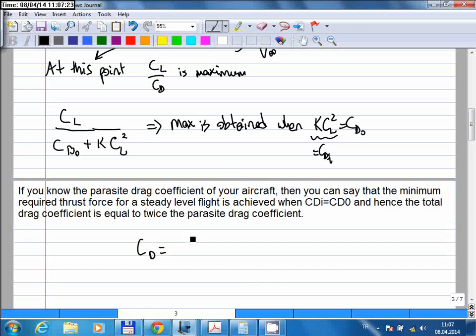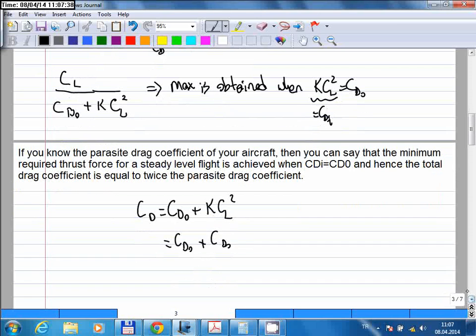That's because your CD is equal to CD0 plus K times CL squared, but your K times CL squared should be equal to CD0, and this is 2 times CD0.